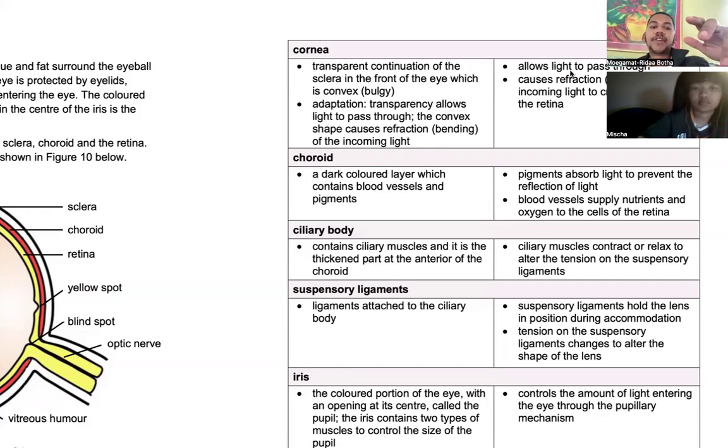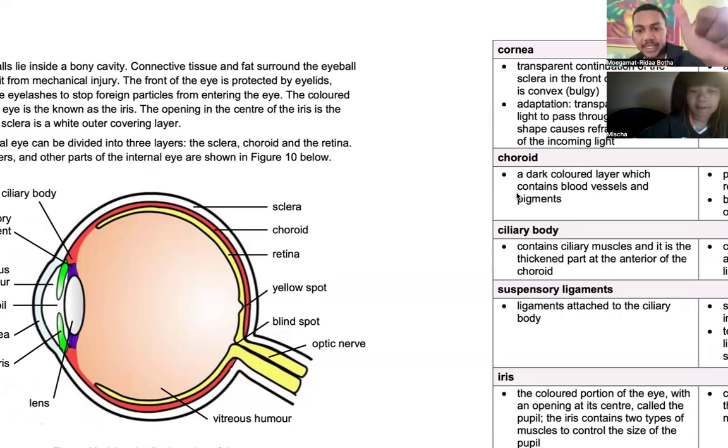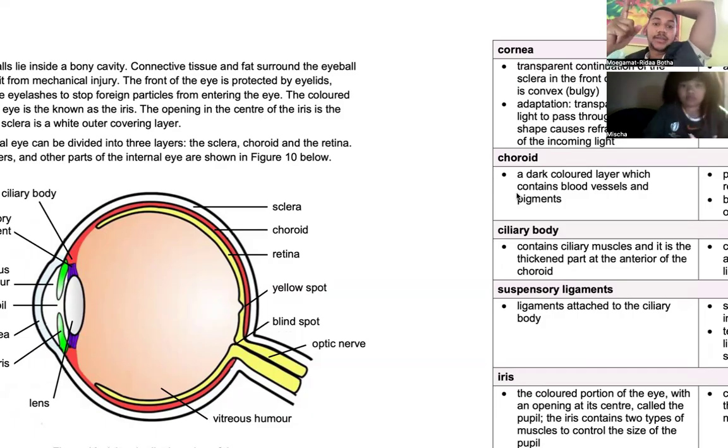Okay, now moving on to the choroid. Now, the choroid is just below the sclera. It's a dark colored layer which contains many blood vessels and pigments. So if they ask you in an exam, the structure in the eye which contains blood vessels, then you must know it's the choroid. Yeah?